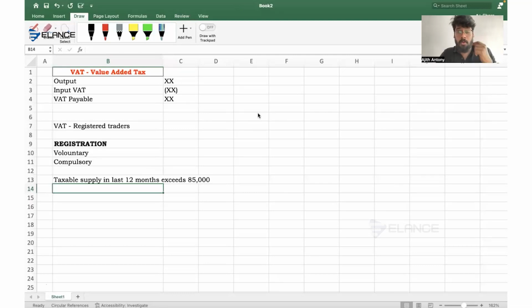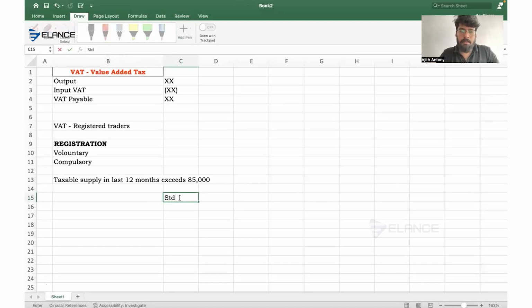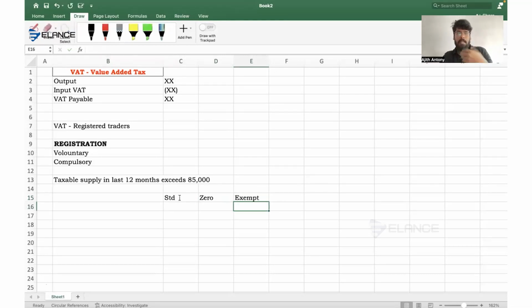Here I mentioned the taxable supply in the last 12 months. What is taxable supply? There are three types of supplies. The goods and services in the UK are categorized into three: standard rated supply, zero rated supply, and exempt supply.